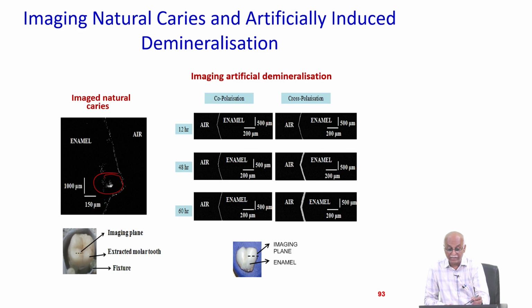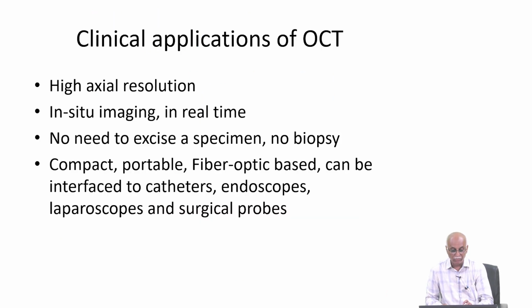So, at an early stage, caries can also be detected using the OCT technique. Okay. So, this is the layer OCT image captured: the air and enamel, and then the caries was captured here at this point from the top when we did the imaging. Okay. So, this is the way it is possible.